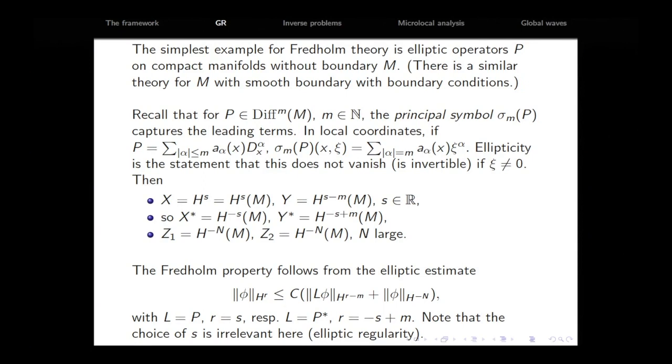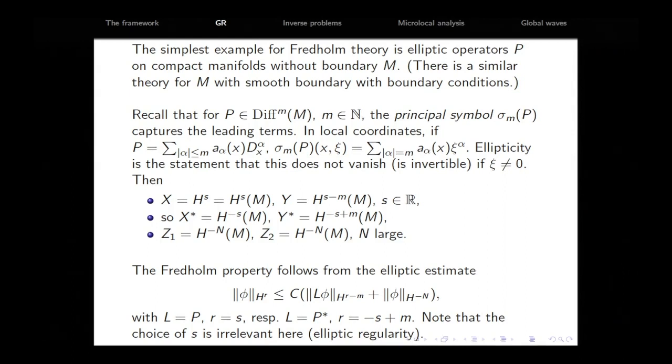So the derivative in the psi j direction is replaced by psi j. And so ellipticity relates to the statement that this does not vanish when psi is non-zero. So for example, for a Laplacian in the standard flat metric, this would be just psi squared. For another metric, it would be some other quadratic positive definite form that varies with the point.